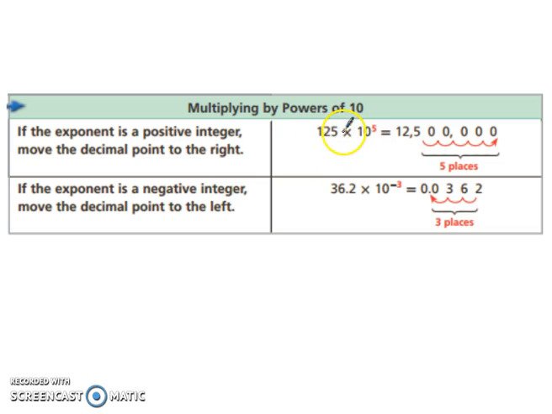So we have 125 times 10 to the 5th. Since it's a positive 5, we're going to move the decimal 5 places to the right. So 1, 2, 3, 4, 5, you'll have 5 zeros. If you have 36.2 times 10 to the negative 3, start where the decimal point was, and just simply move 3 places to the left.